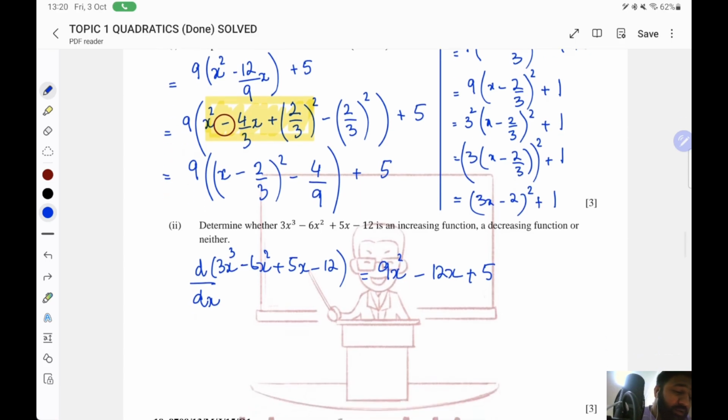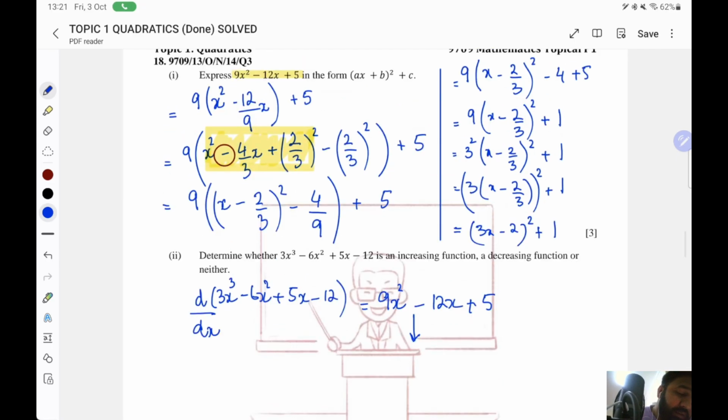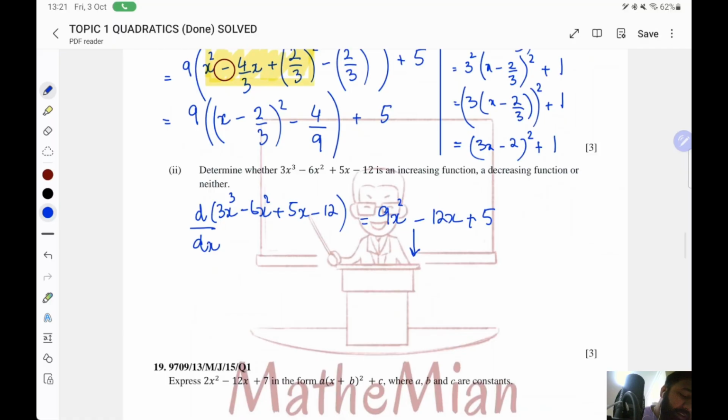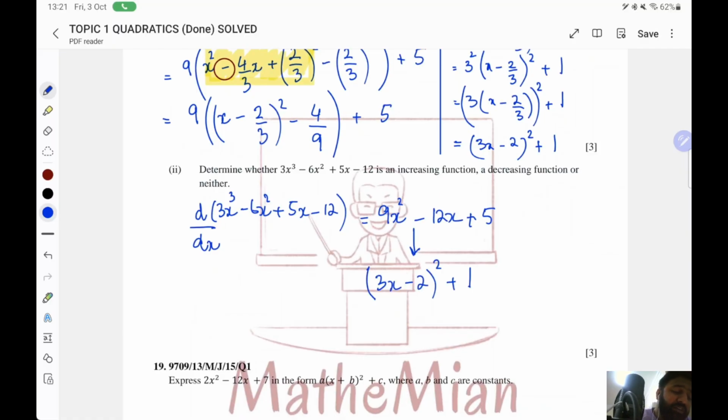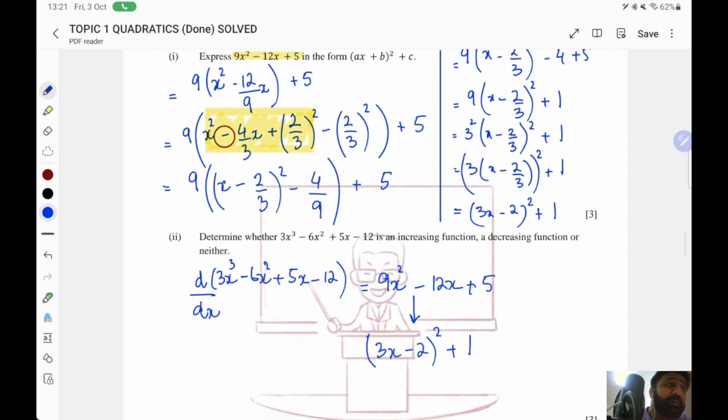Now if you look over here, the expression that we have got is the same as the previous question. So can we write this function in the form of this? The standard form can be written like this in a completed square form, because this is the same question as we had in the previous part.